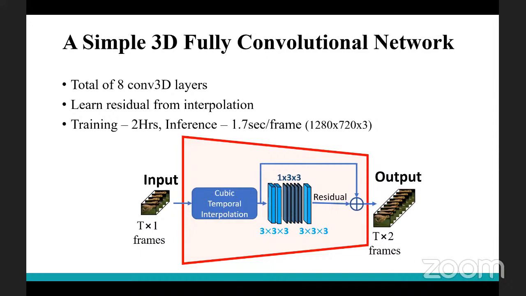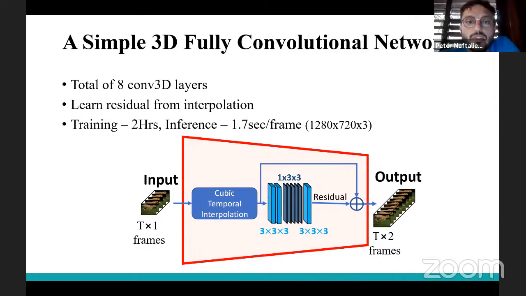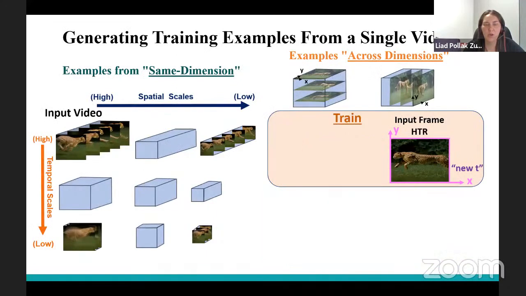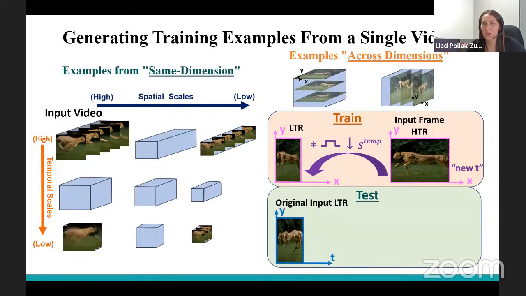I think we had a question by Aditya. If you don't mind, could you please explain the difference in the results of spatial and temporal downscaling? Okay, so when you take a video and you downscale it spatially, you get a video whose motions are smaller.